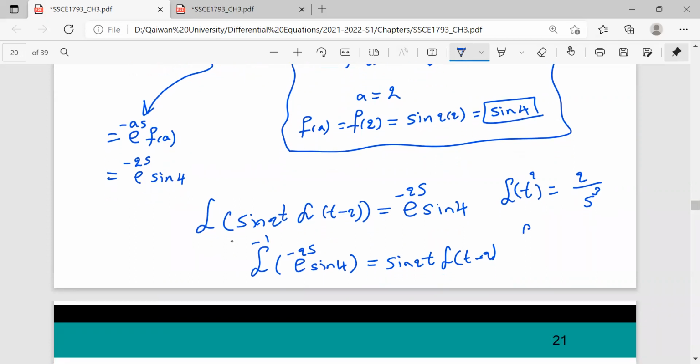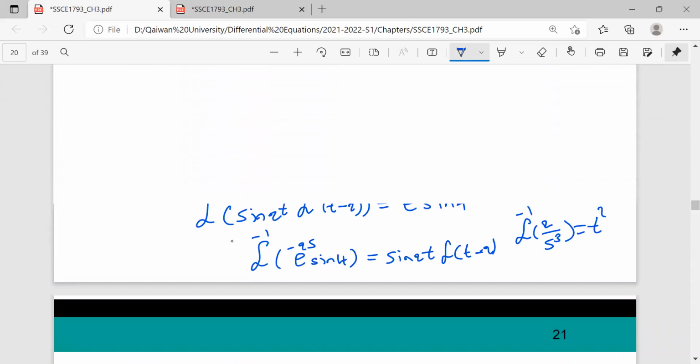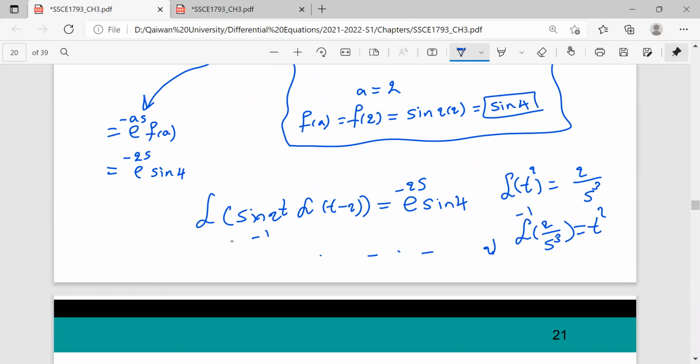Here we say the Laplace inverse of 2 over s cubed equals t to the power 2. And let me clean this.